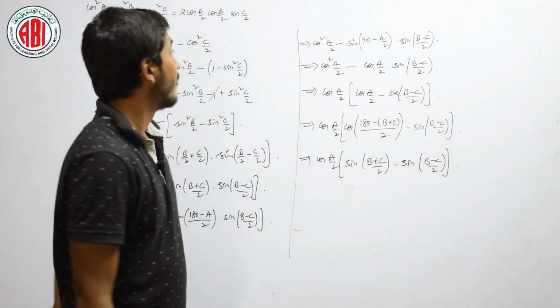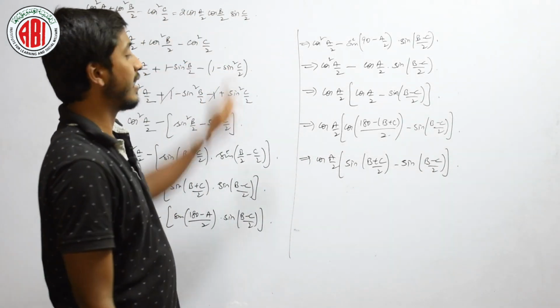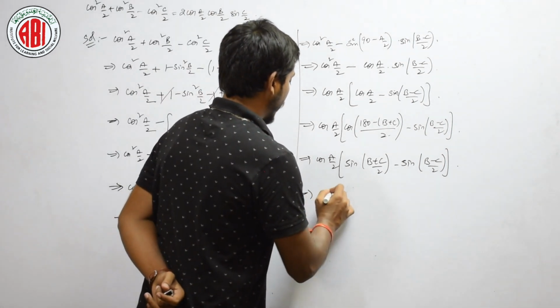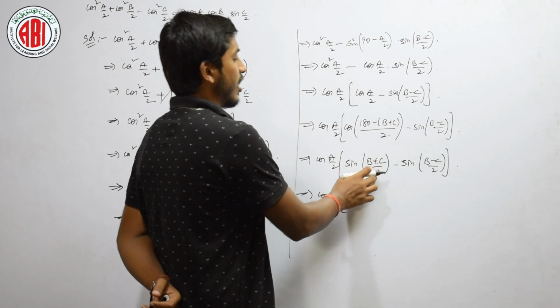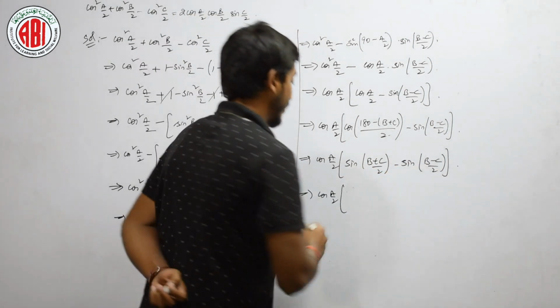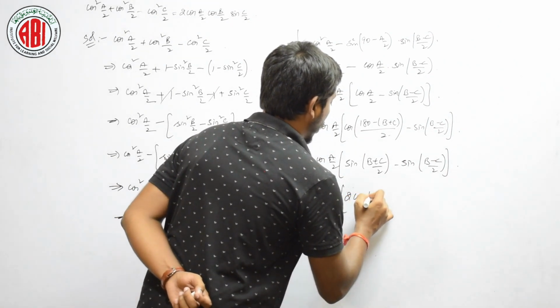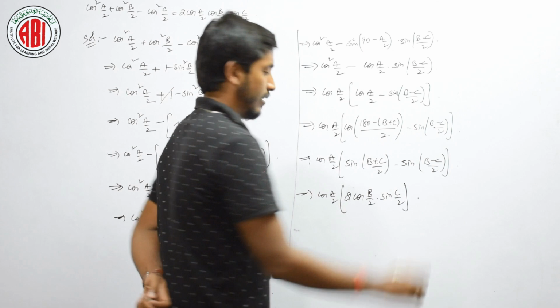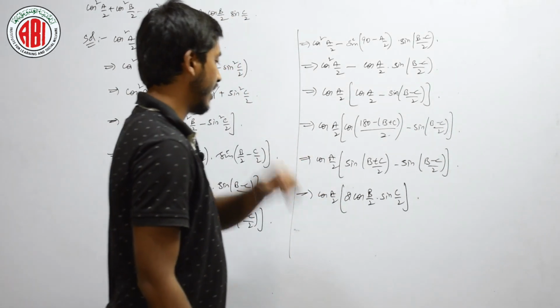Is it right? What is the question given? Cos A by 2 cos B by 2 sin C by 2. Let us check whether we are getting it or not. That is cos A by 2 into sin of A plus B minus sin of A minus B. What is it? That is nothing but 2 cos A sin B, right? 2 cos A sin B. Is it right? Let us write everything in order.